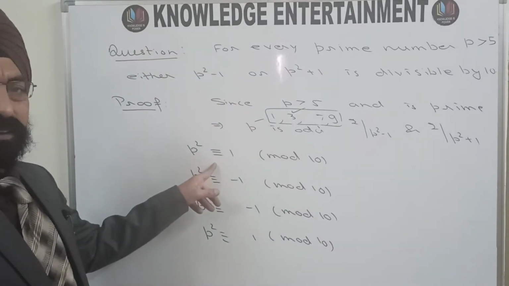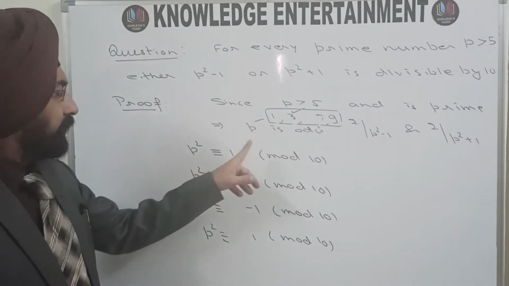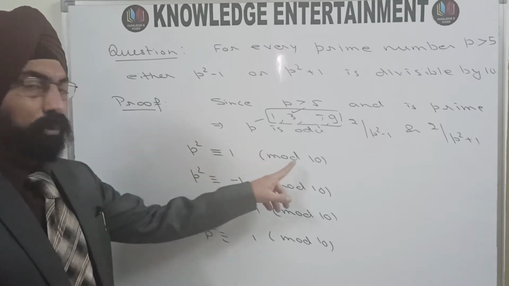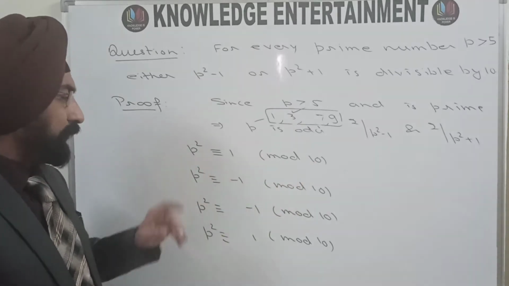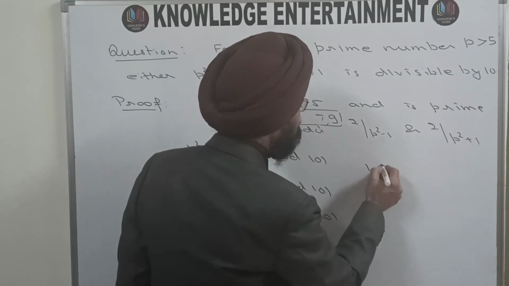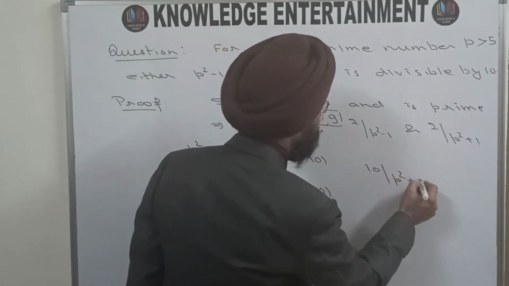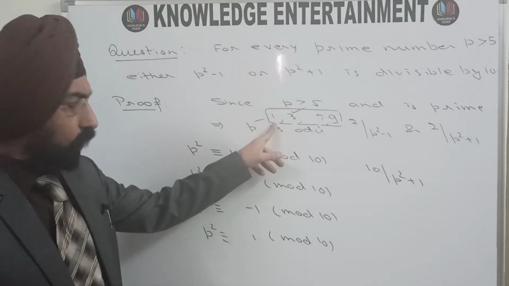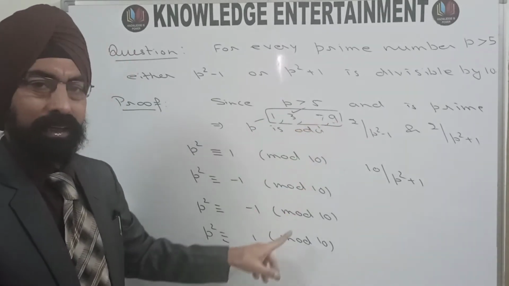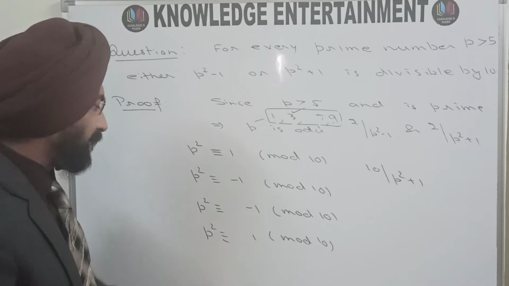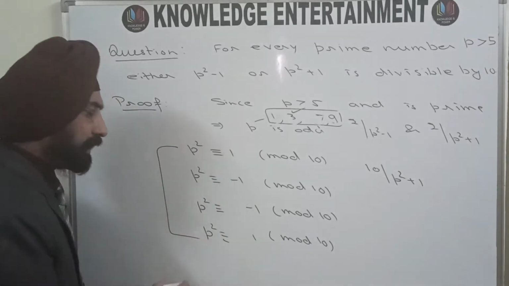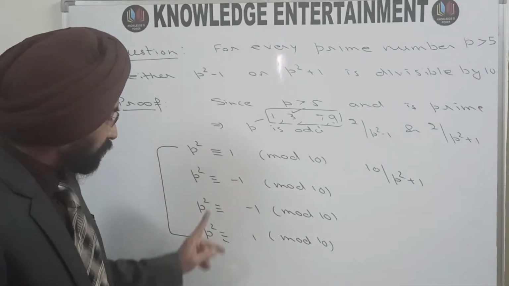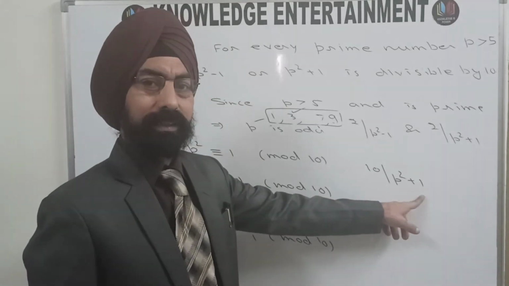From the first one, you can see that p square is congruent to 1 modulo 10 means 10 divides p square minus 1. So 10 divides p square minus 1 if your p is having 1 or 9 in the units place. In both these cases, p square minus 1 will be divisible by 10.